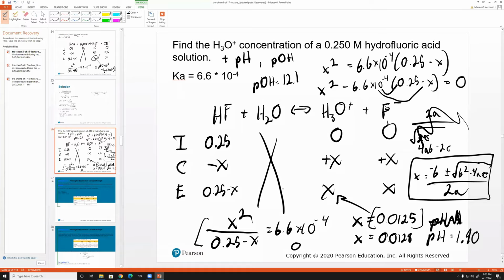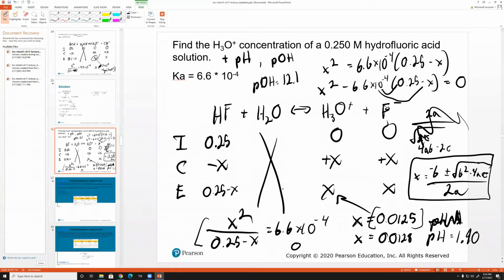So HF, HCl, all the way down, the strength of the acid increases going down. And the reason why is because, like we said before, the electronegativity or the polarity of the molecule is larger with HF in comparison to HCl.